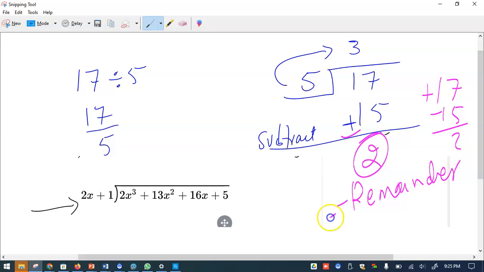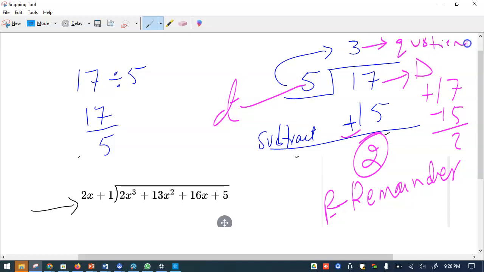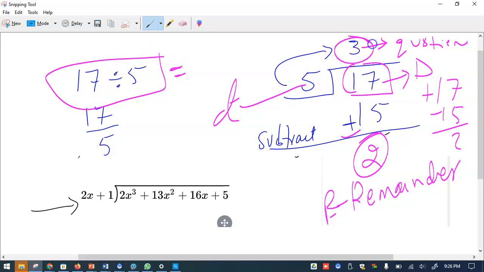We write it as R, and this is the divisor, this is the dividend, and this is the quotient. So we can write the dividend divided by the divisor as the quotient, which is 3, plus the remainder, 2, divided by 5. This is in the form of the Euclidean algorithm.